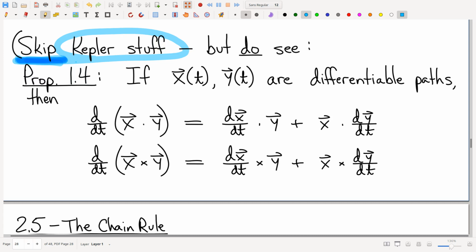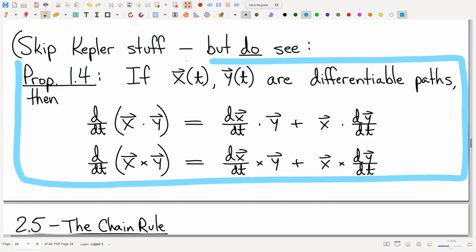But that said, there is one important result in that section that you do need, and so you are responsible for this theorem. And good news, it's exactly what you would expect. If you're taking a derivative of a dot product or a derivative of a cross product of two vector-valued functions, there's in each case a product rule that's exactly what you would hope and expect that it would be.